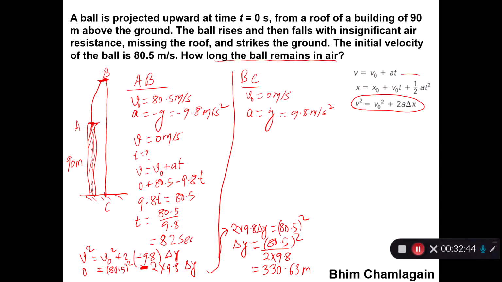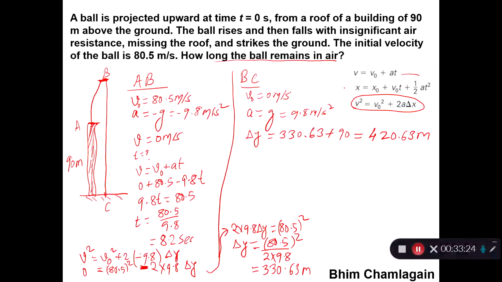So in the second section from B to C, the displacement delta y is equal to the total of these two, which is 330.63 plus 90 meters, which by using the calculator is equal to 420.63 meters. Now I do have V, A, and delta y, so now I have to calculate T.